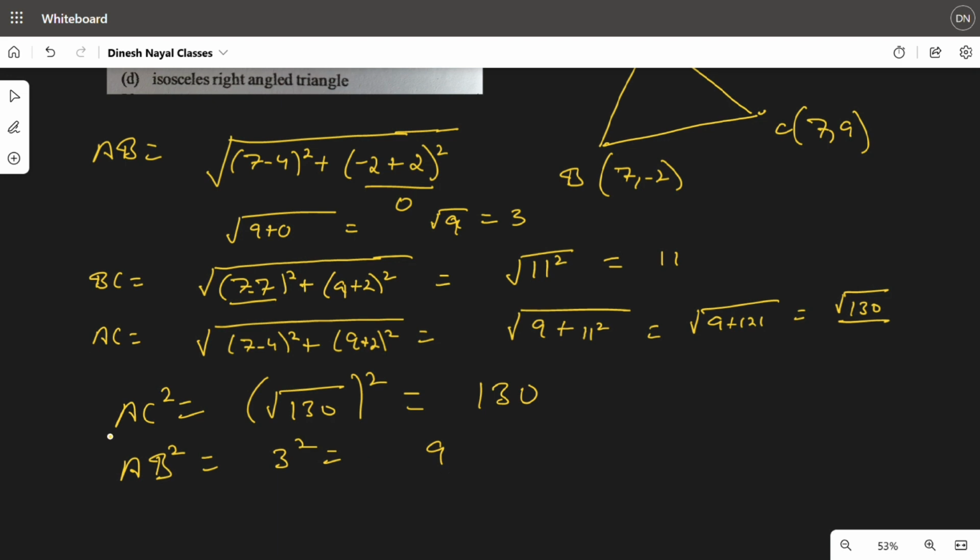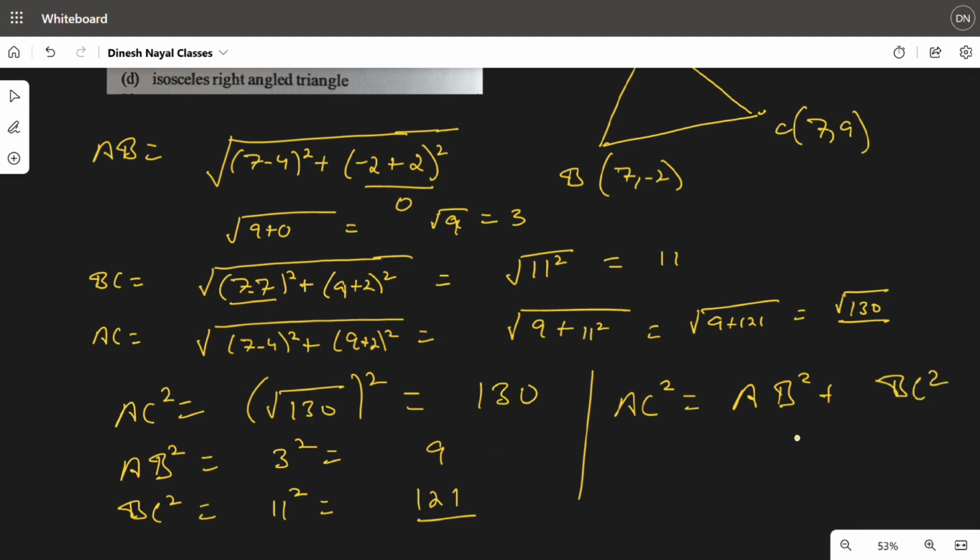BC square is 11 square, that is 121. Now we can easily see that AC square equals AB square plus BC square, because the sum of 9 and 121 is 130, which equals this thing. So AC square equals AB square plus BC square.